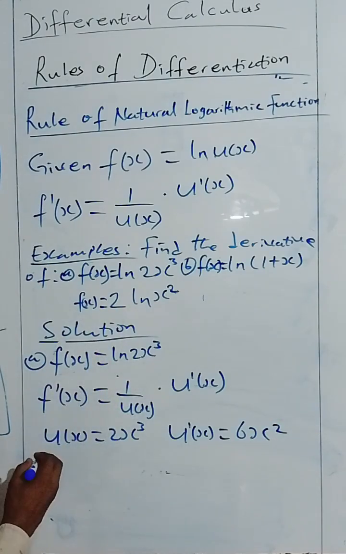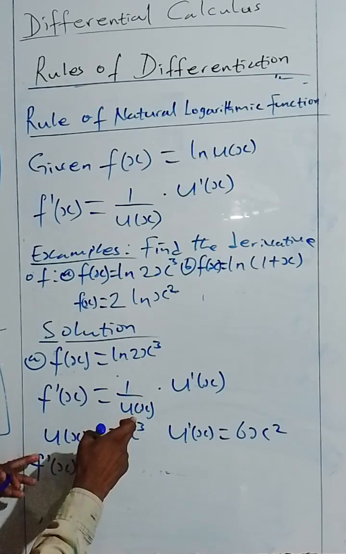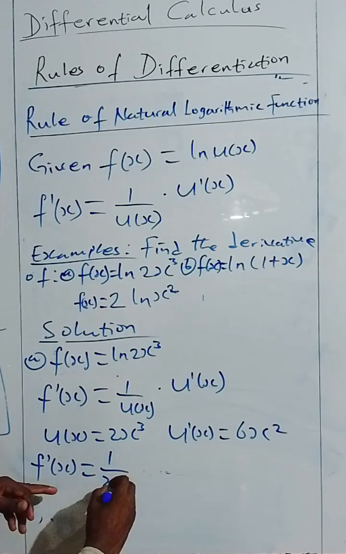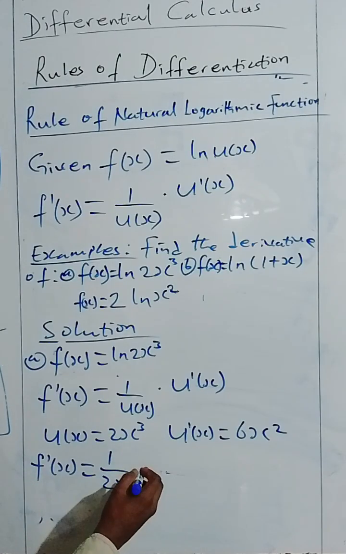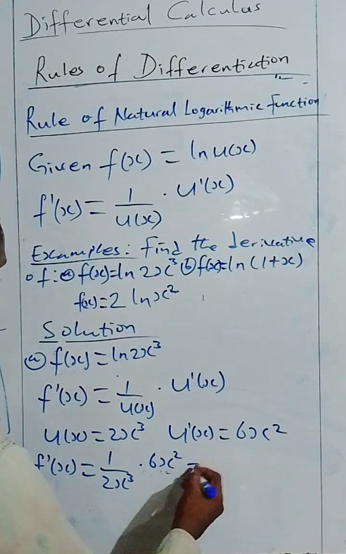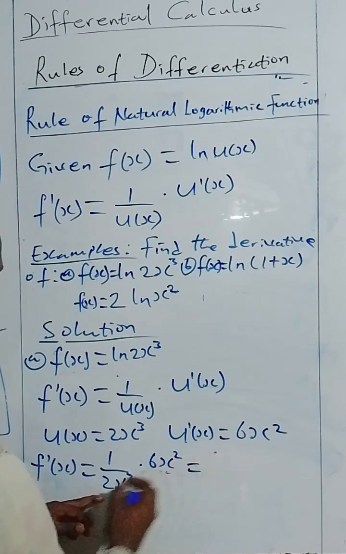So we can now go back. f prime of x is equal to 1 over u of x, that is 1 over 2x raised to the power 3, then multiply by the derivative, which is 6x raised to the power 2. Then we multiply these.